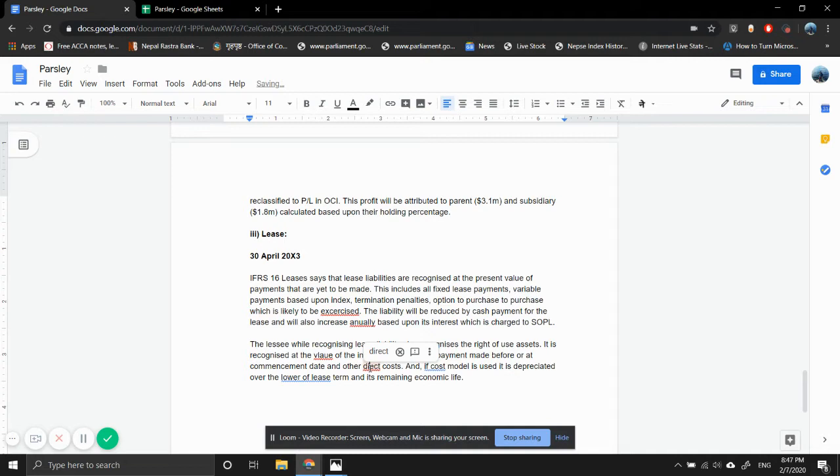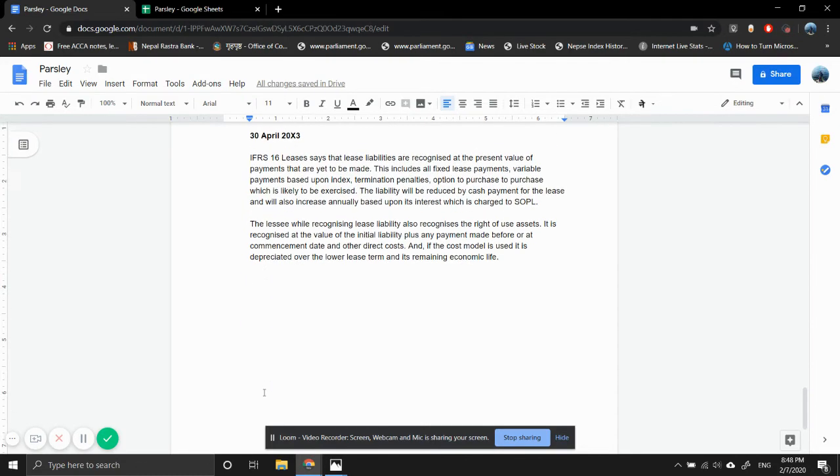Right. After that, in the prior years, the right of use asset would have been recognized at $5 million. How will that be?